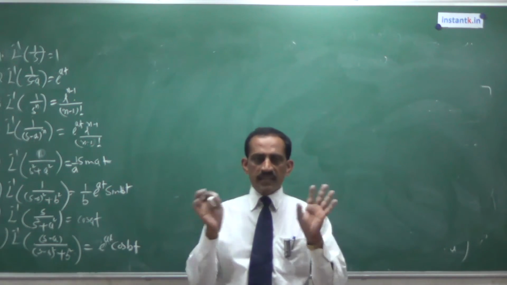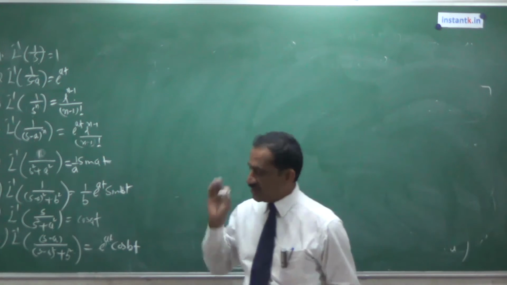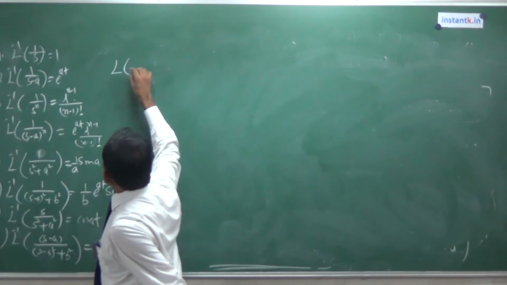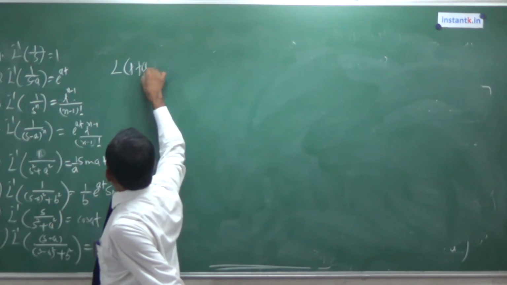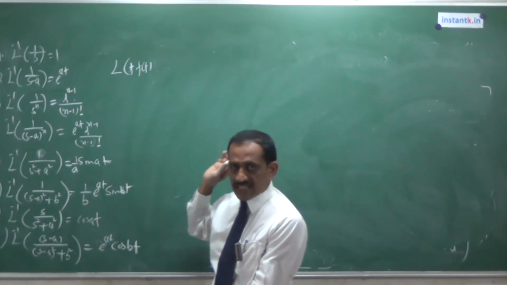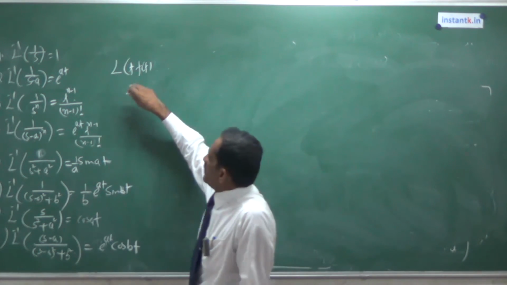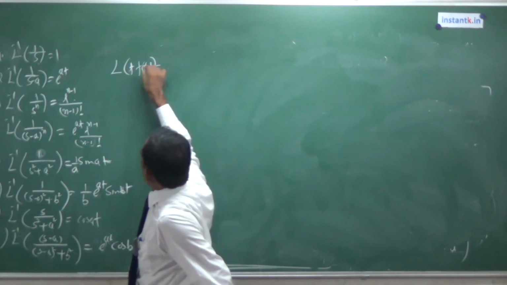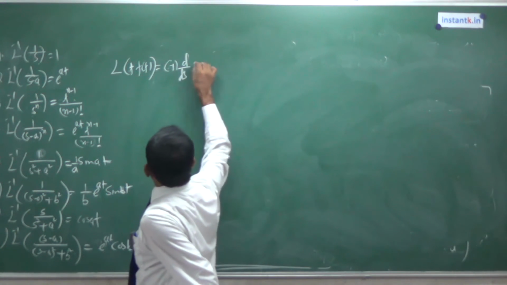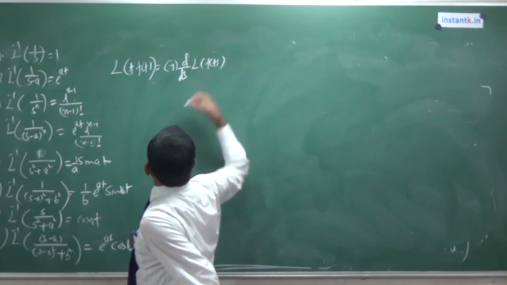When logarithmic and inverse trigonometric functions are given, what is the method? You have to recall. There we first find the Laplace transform of t into f of t, assuming the given Laplace inverse of F(s) is f of t. We use this formula: Laplace transform of t into f of t is minus 1 into d by ds of the Laplace transform of f of t.